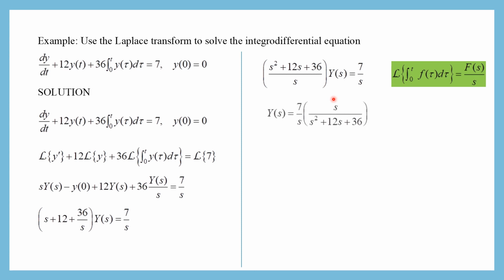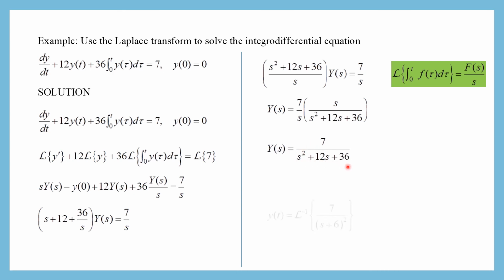So therefore Y(s) must be 7 over s multiplied by the reciprocal of this quotient: 7 over s multiplied by s divided by (s squared plus 12s plus 36). Now these two s cancel. That means Y(s) is 7 divided by (s squared plus 12s plus 36).